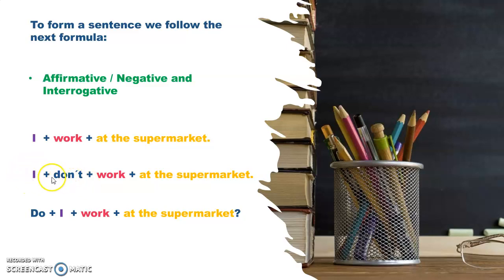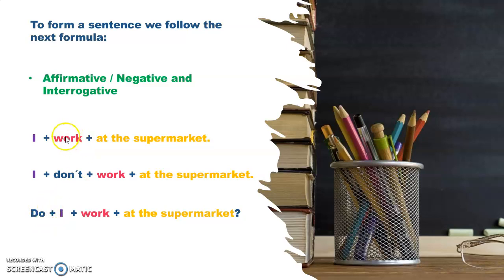Then it's the person, don't, the action, and more information. And if we take this same affirmative sentence below, we're going to see my question mark and do added. Do I work at the supermarket? The only thing we did is add do. That's the only thing we're changing.